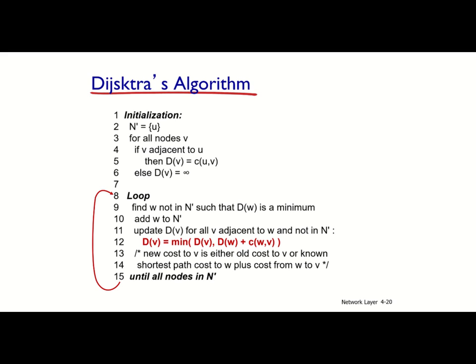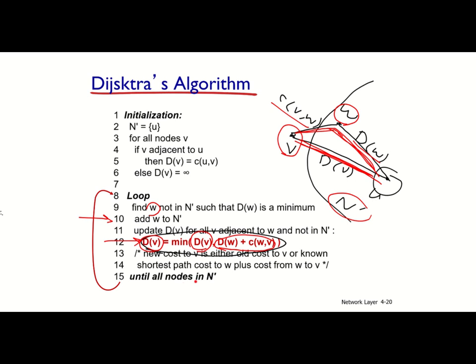And then you have to continue this loop until all nodes become part of N prime, and at that time you can be sure that all the d of v's are the best and minimum values of cost for the path between the source u and that node v.